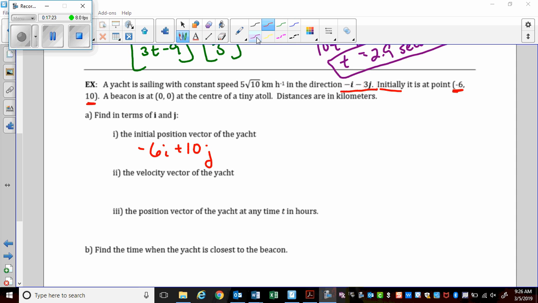The velocity vector of the yacht is, all right, so the direction is -1, -3, right here, -1, -3. So I'm going to find the magnitude of -1, -3.